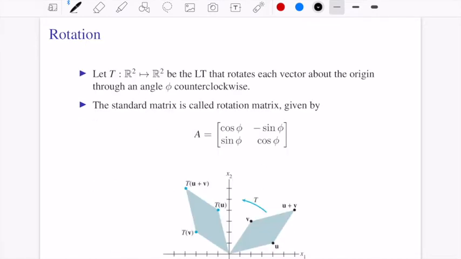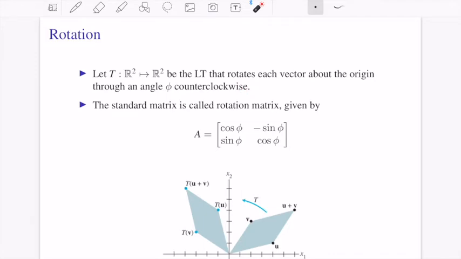In this slide, we're going to give another example, the so-called rotation transformation, which is pretty useful and very common in Photoshop or any image processing. Imagine a transformation from R2 to R2 that is the linear transformation that rotates each vector about the origin through the angle phi counterclockwise.